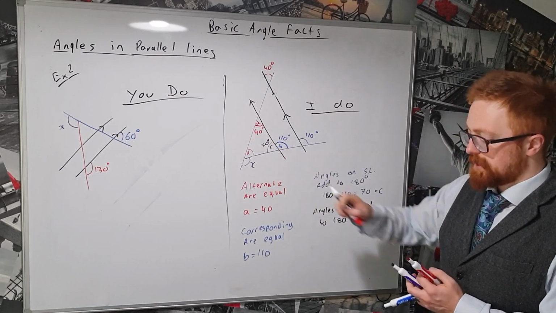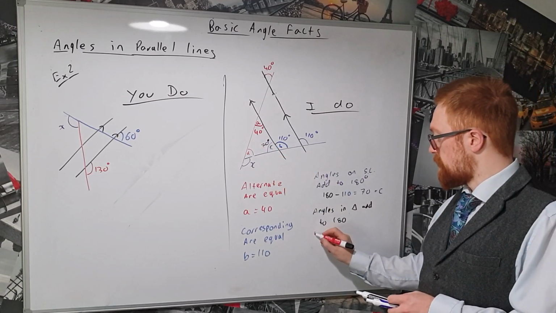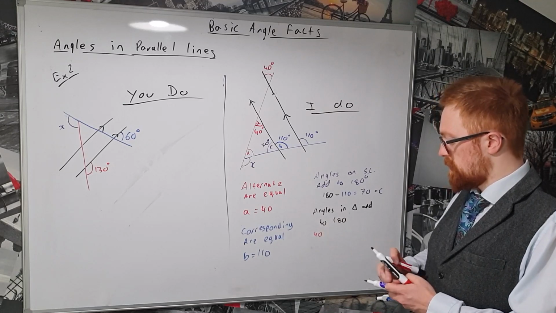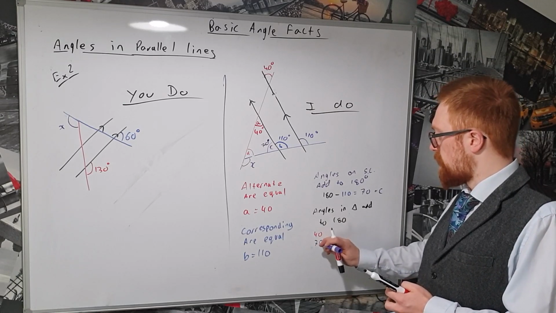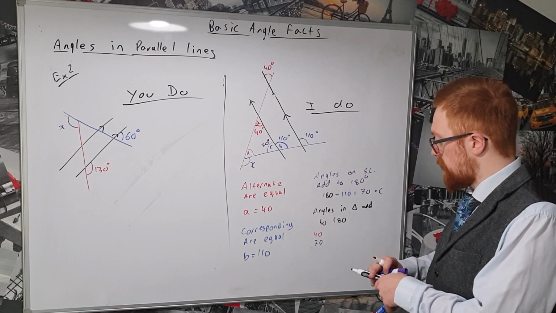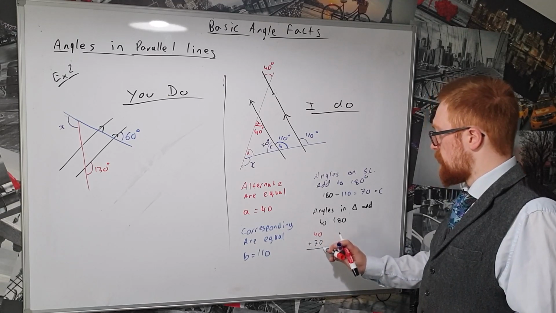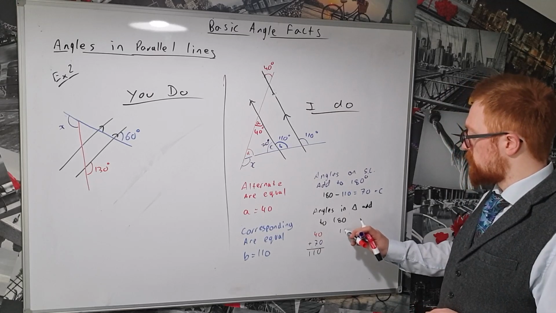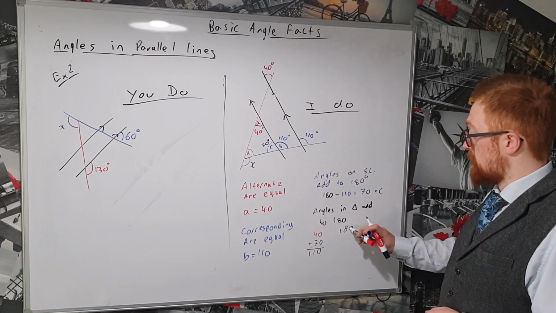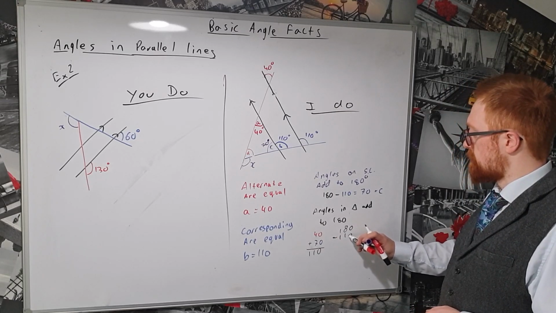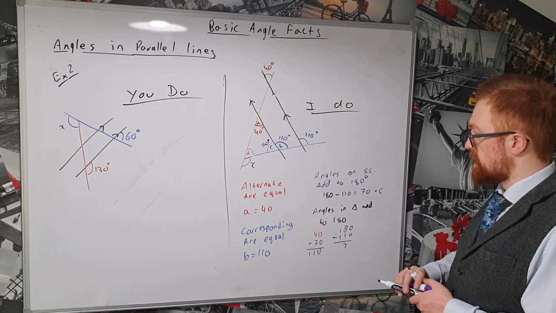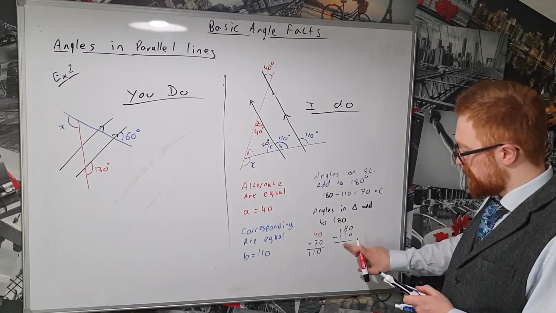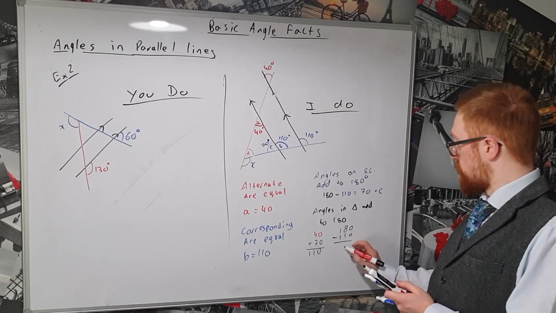So we're going to add this 40 and 70 to work out what they add up to. So 40 plus 70 is equal to 110. And then we're going to do 180 minus the 110, and that gives me 70 degrees for D as well. D was red, wasn't it?